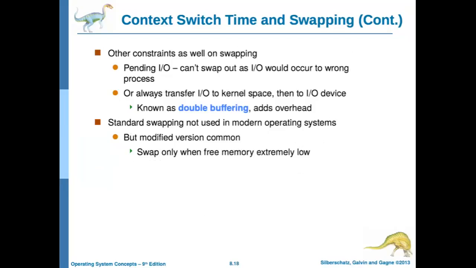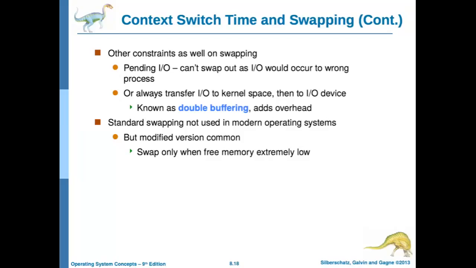Not only this, but there are a few other constraints also. For example, if pending IO is there, the operating system cannot swap out, as IO would occur to the wrong process. Remember, if one process is waiting for input output and has initiated the IO, and such a process is swapped out, once IO is finished it may occur at the wrong process if another process is located at that address space.